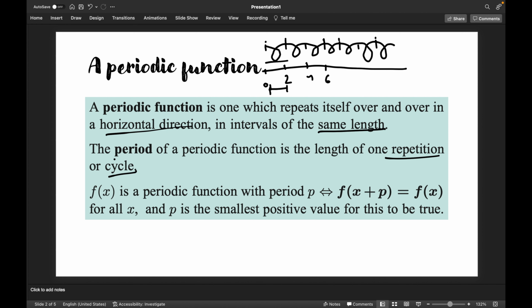So that's what this means. And then if f of x is a periodic function with period p, then f of x plus p is basically f of x. So that's what a periodic function is.